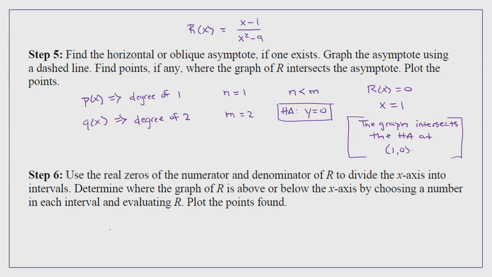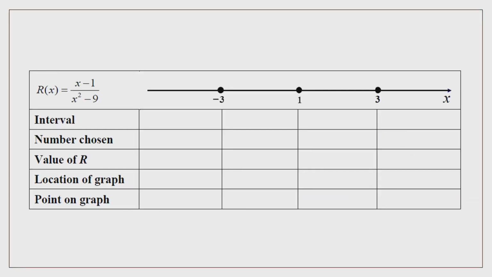So the real zeros that we have identified thus far in steps 1 through 5 are going to be 1, 3, and negative 3. 1 is the real zero of the numerator, and 3 and negative 3 are the zeros of the denominator.